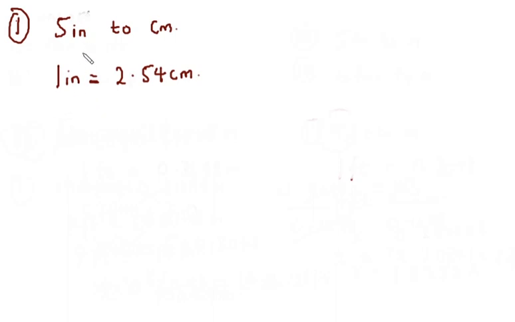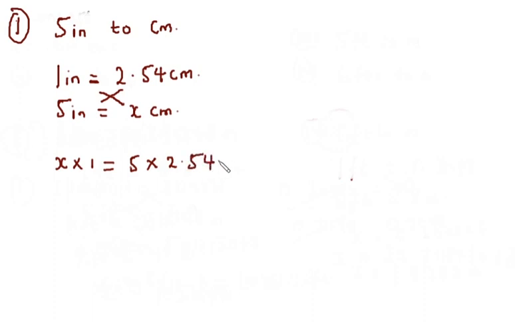So for this example, we know that 1 inch goes to 2.54 centimeters. So 5 inch is equal to x centimeters, because we do not know the value yet. From here we cross multiply, so that x times 1 should be equal to 5 times 2.54.